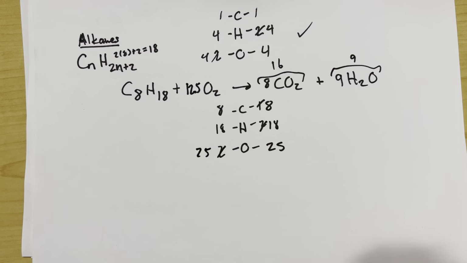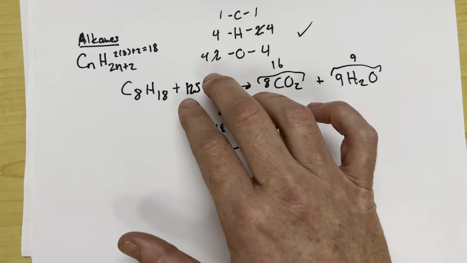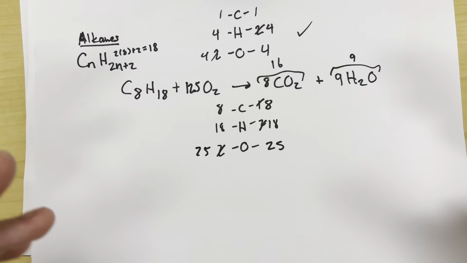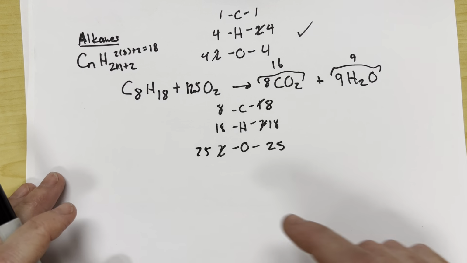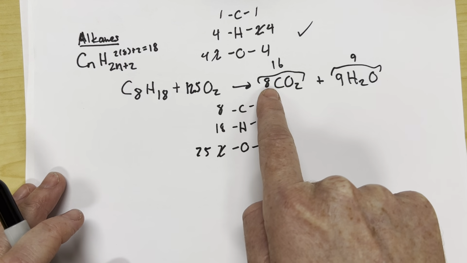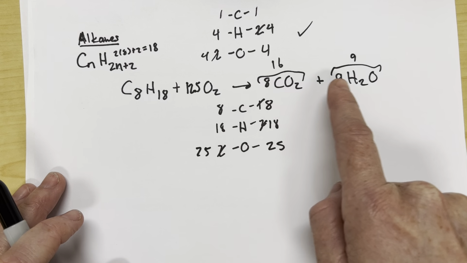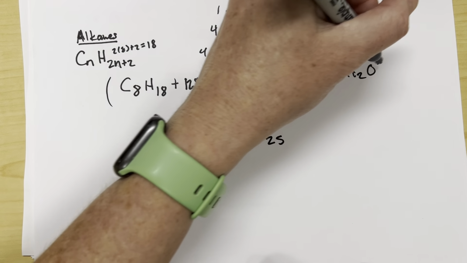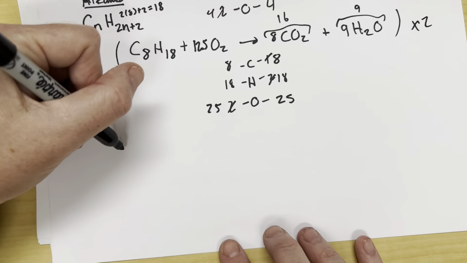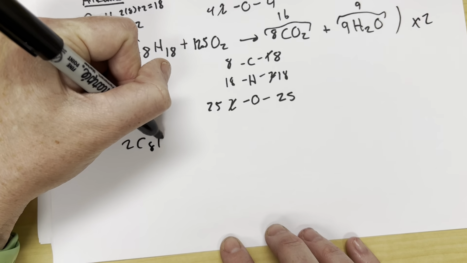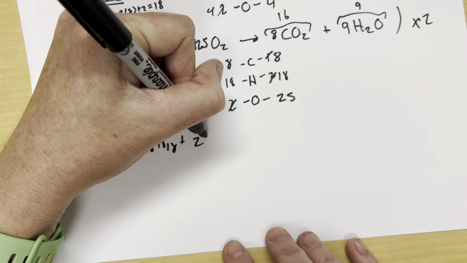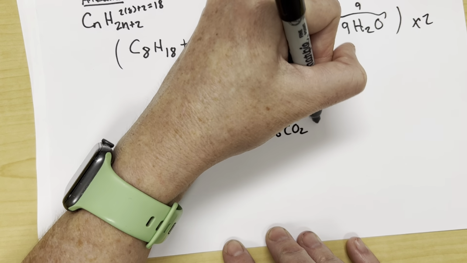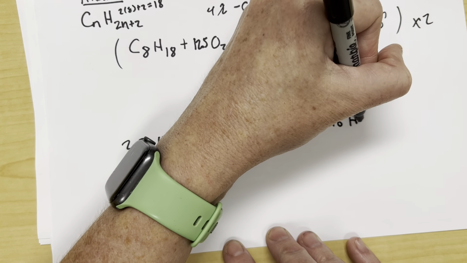It's okay to do a 0.5, but because we can't draw half molecules, we have to multiply each of these by 2 to get rid of this 0.5. So the whole thing times 2 gives me 2C8H18 plus 25O2, yielding 16CO2 plus 18H2O.